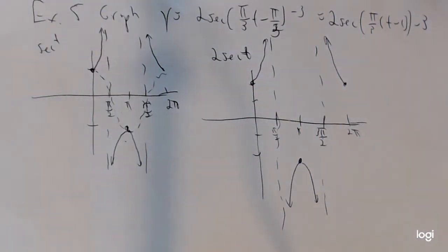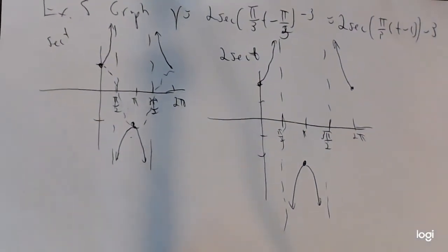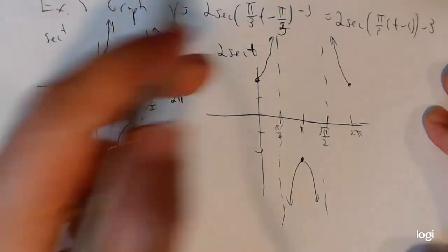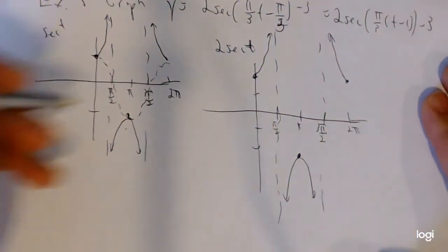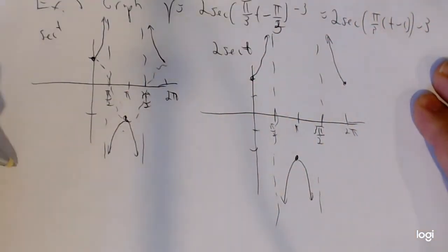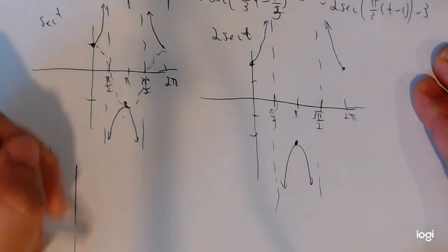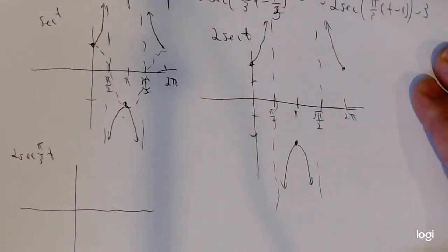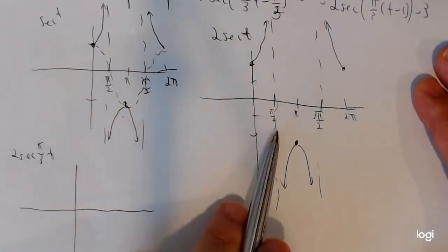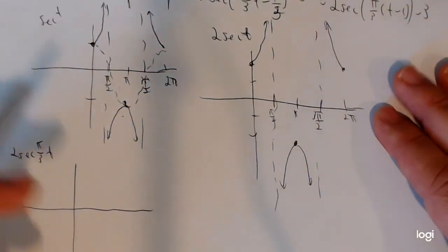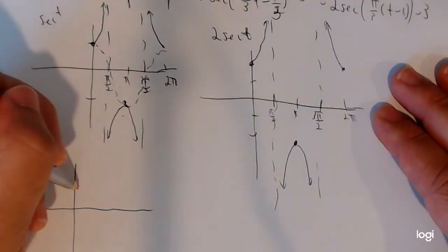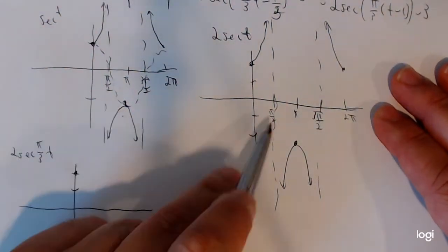Okay, so what's next? Let's talk about the pi over 3. So if I graph it here, it'll be 2 secant of pi over 3 t. What would this one be? This is saying just multiply all your values by 3 over pi, right? So if this is, for instance, 0, it'll still stay 0. This is pi over 2.